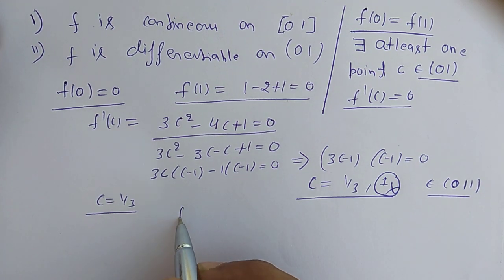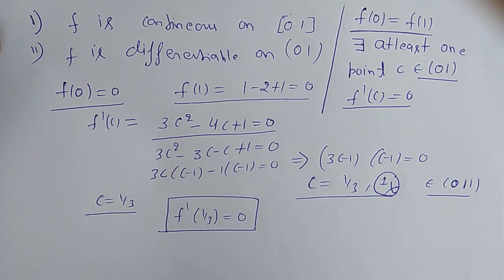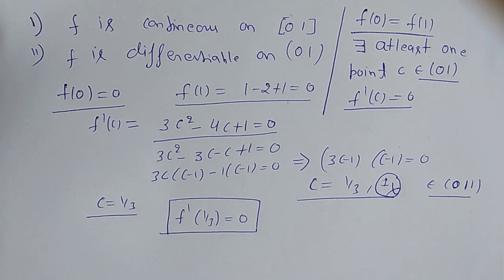It means f dash 1 by 3 equal to 0. So this is the verification of Rolle's theorem. If all three conditions are satisfied, we get one point where derivative is 0. So we got here at x equal to 1 by 3 where derivative is 0.